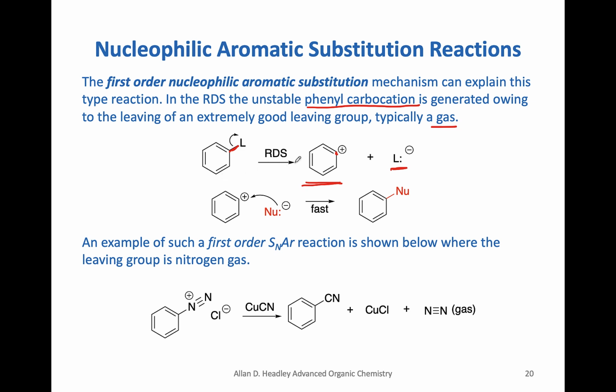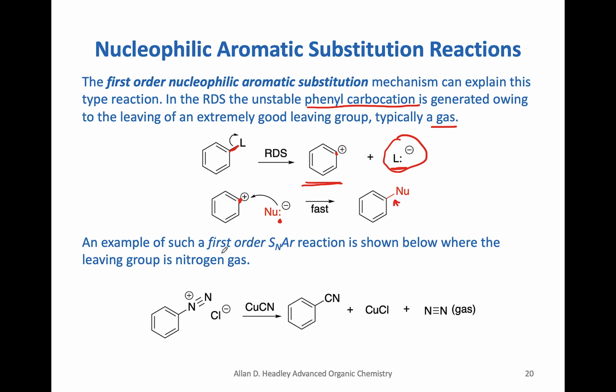So this rate determining step can happen, but it is very difficult and requires lots of energy, but we can favor this if this leaving group here is very stable and in fact a gas. In the next step, the fast step, the nucleophile with its electrons attacks the phenyl carbocation here to form the product.